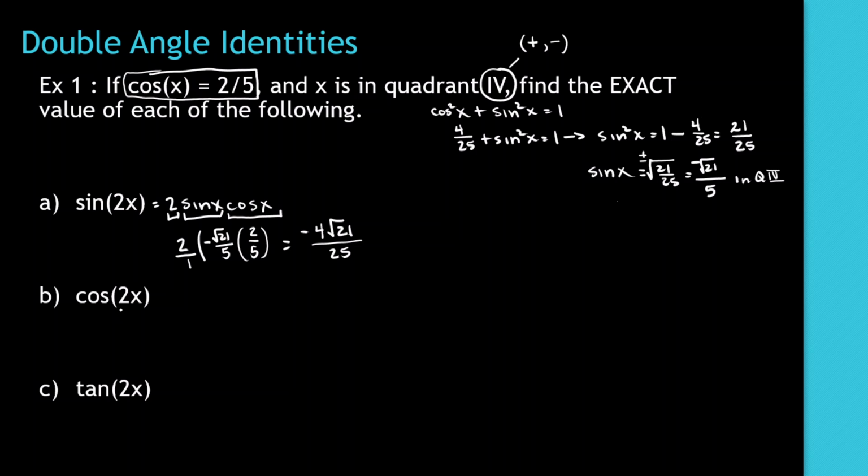Okay, now cosine of 2x. I could go back to my Pythagorean identity since I found the sine of 2x. Or I can remember that this is cosine squared minus sine squared. So I found my cosine value, so I'm going to put that in here.